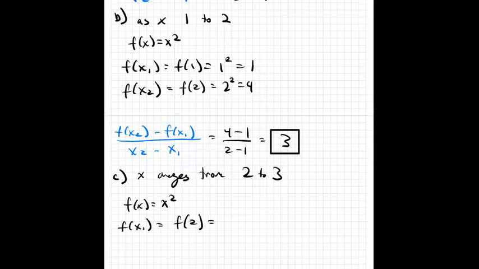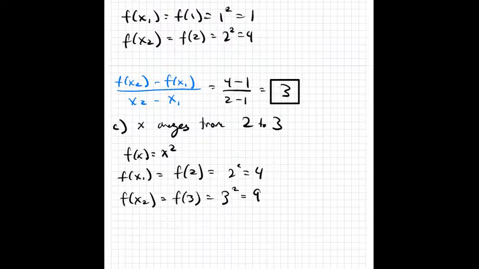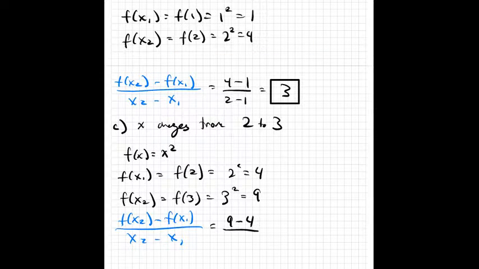So that's going to be 2 squared, which is 4. f of x2 is going to be f of 3, 3 squared, which is 9. So then the average rate of change should be 9 minus 4 over 3 minus 2, which is 5.